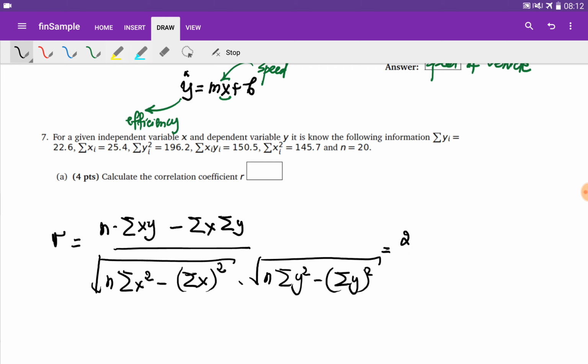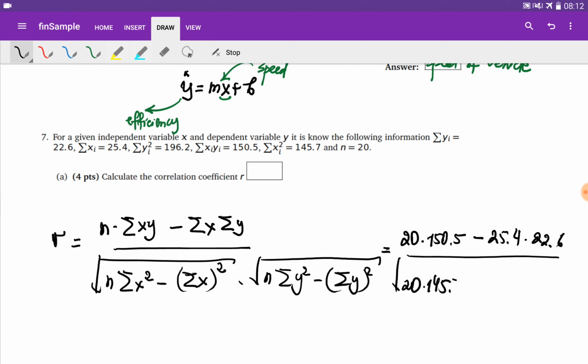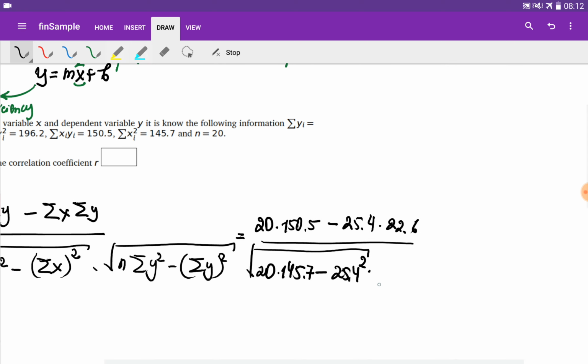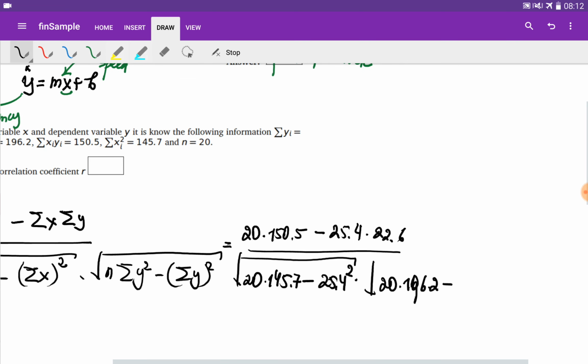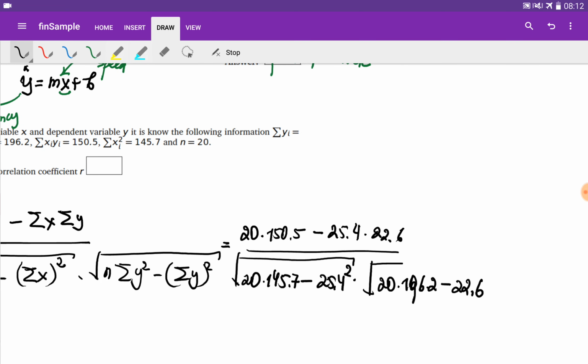So n is given to be equal to 20, the sum of xy is equal to 150.5, minus the sum of x, which is 25.4, times the sum of y, which is 22.6, divided by the square root of 20 multiplied by the sum of x squared, which is 145.7, minus the sum of x squared, 25.4 squared, right? Multiplied by, again, 20 multiplied by the sum of y squared, 196.52, minus the sum of y, which is 22.6, squared.